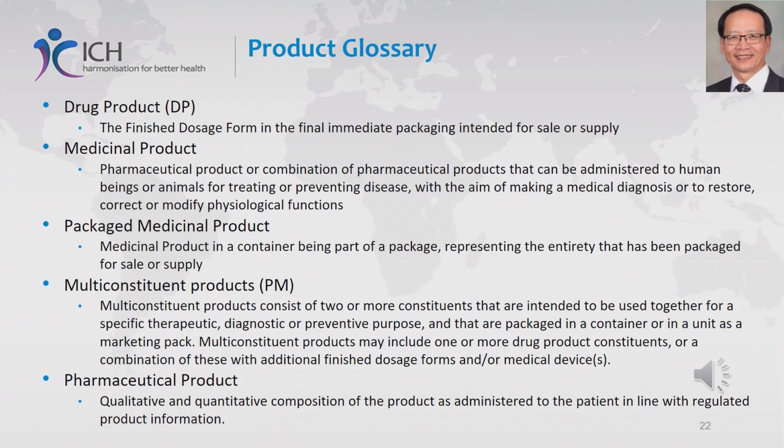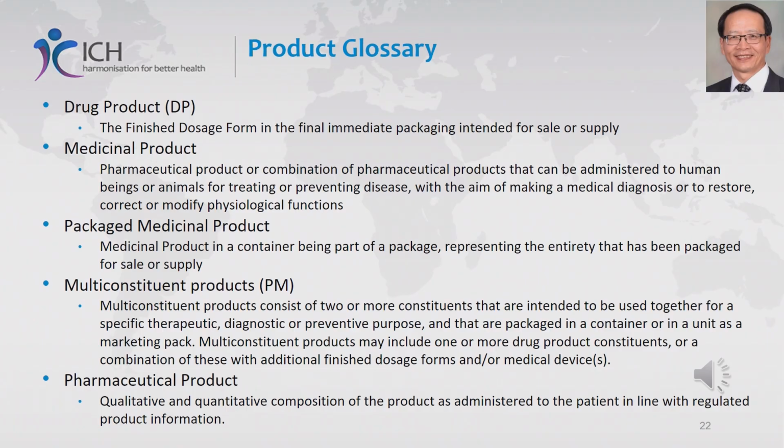The purpose is therapeutic, diagnostic, or preventative. The packaged medicinal product emphasizes that the medicinal product is contained within packaging. It represents the final form that is distributed for sale and supply.